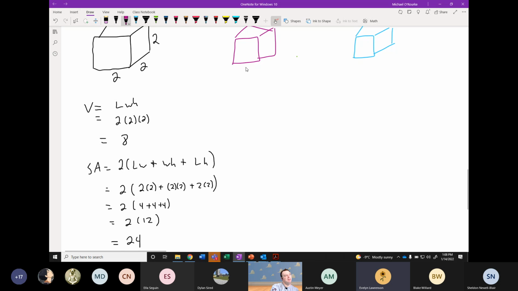So now let's double it. Let's go 4 by 4 by 4. Can you, with your paper and pencil in front of you, figure out your volume and your surface area for these two shapes?